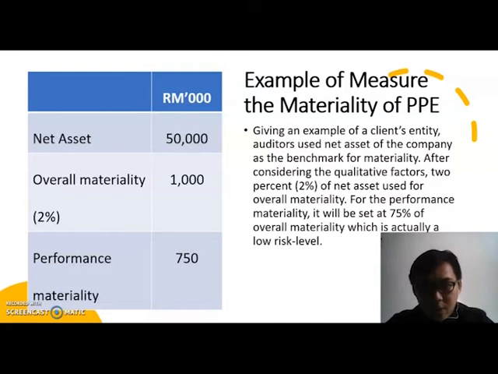The performance materiality will be set at 75% of overall materiality, which is actually a low risk level. So we can see in the table that net assets are 50 million and the overall materiality at 2% is 1 million, and the performance materiality is 750,000.